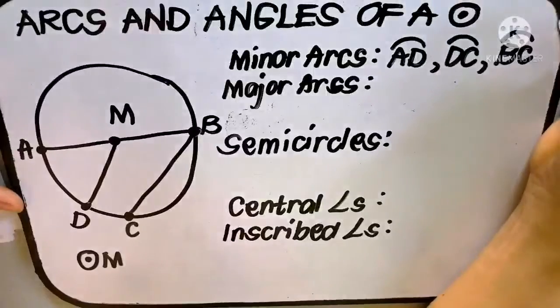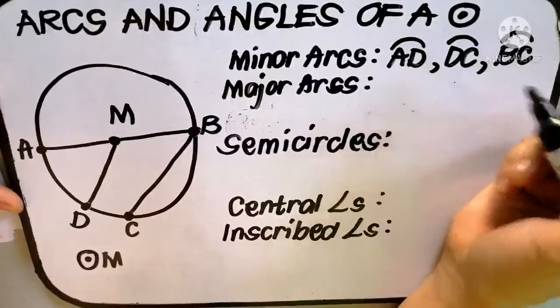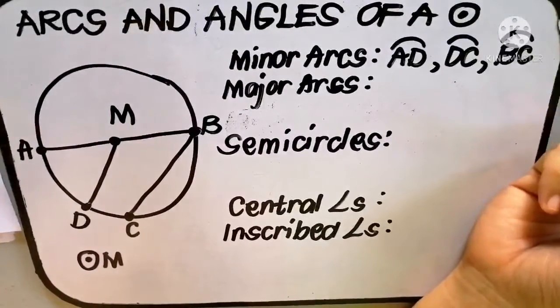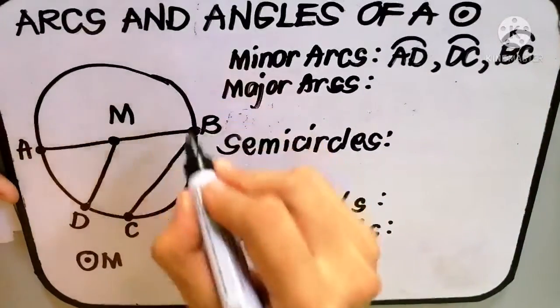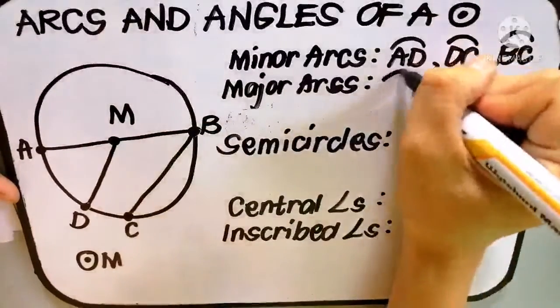A minor arc is denoted by two capital letters. It measures less than 180 degrees. Now, a major arc is an arc which is greater than a semicircle, and we use three capital letters. An example of this is major arc ABC.